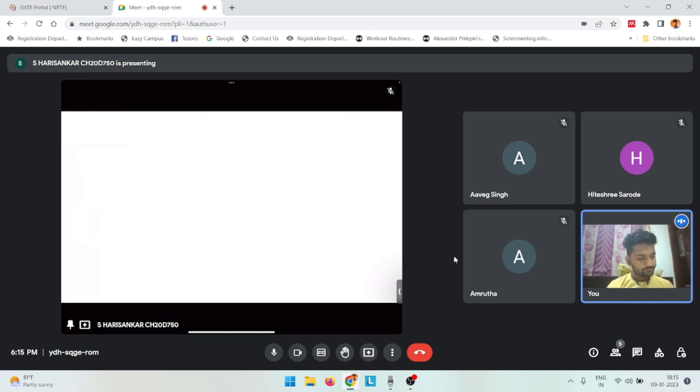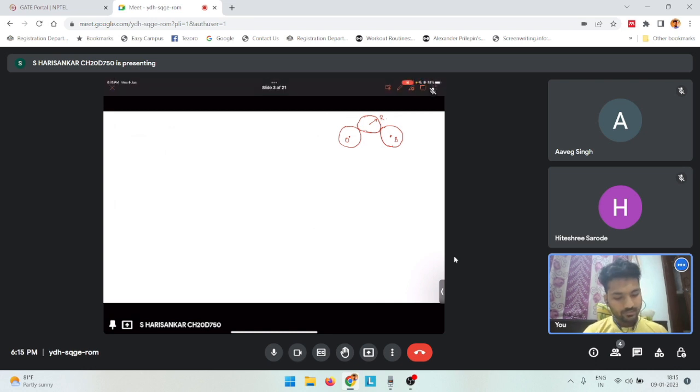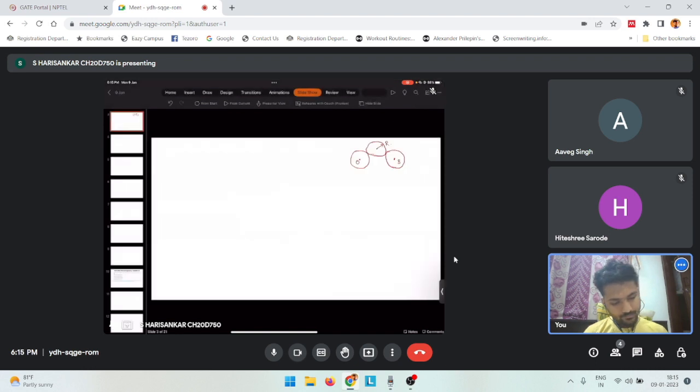As we saw earlier, let us say these are our two rolls, and let these be the centers O and B, and let us have a particle like this with an equivalent radius R. Let this distance be 2D.